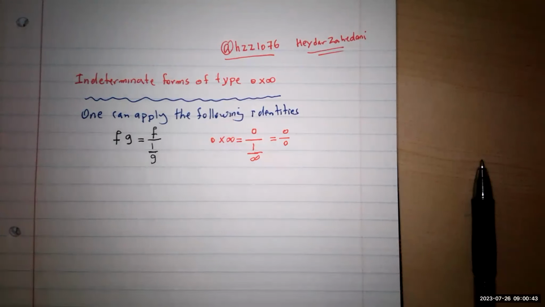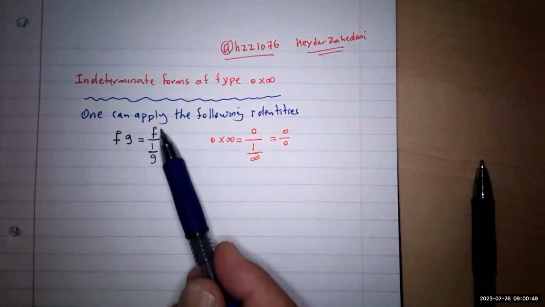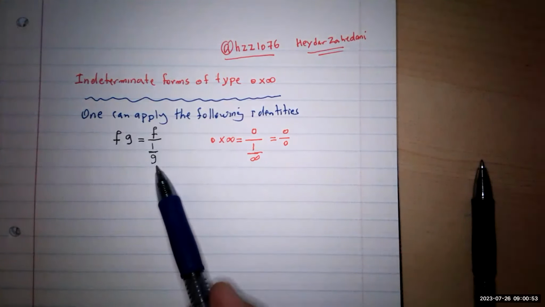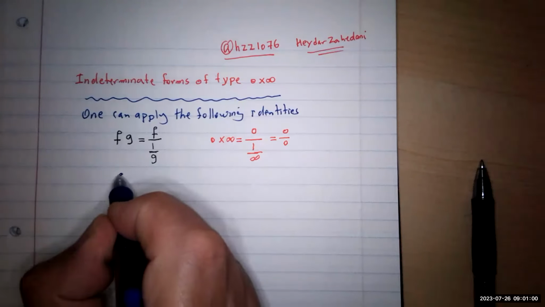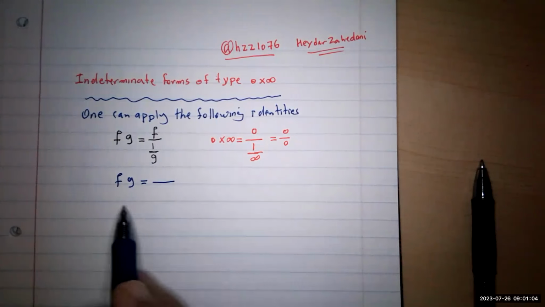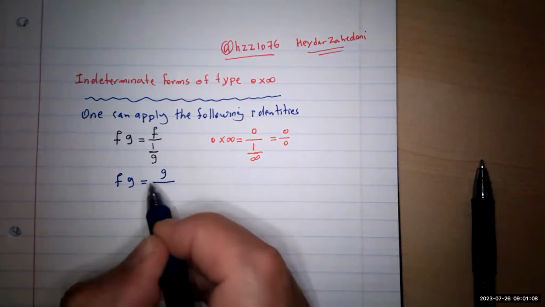The other choice depends on what you want to do. You have to think about the next step. The next step is that you have to differentiate the top and the bottom, so try to make it so that the result would be easier to handle. The other choice is, this is f times g, so you keep the g on the top if you like.